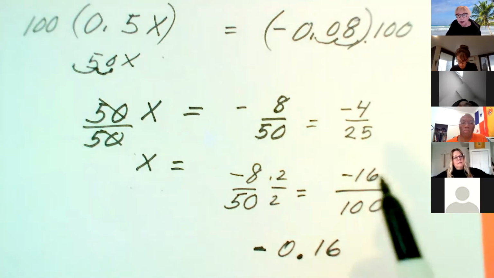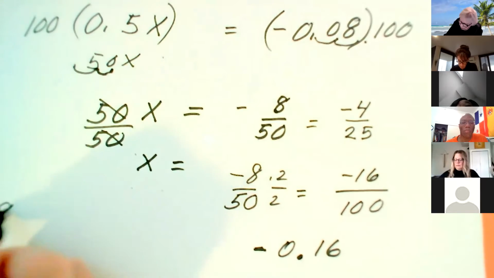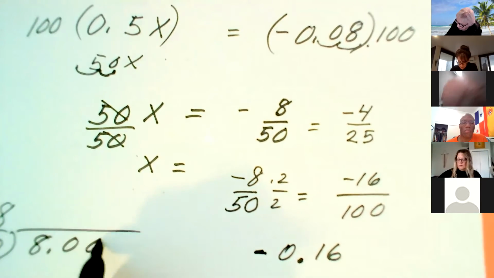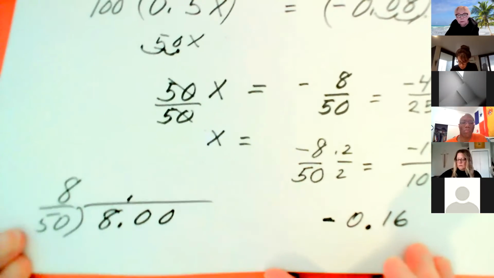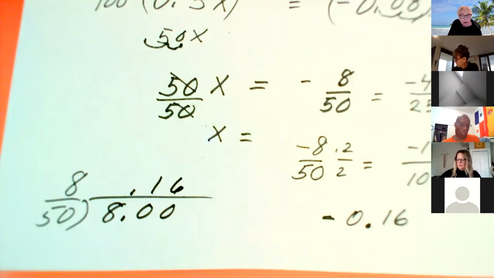On the other hand, we could have taken 8 over 50 and divided it out. And it would have come out 0.16, just like before, and there's still a negative involved. So I just wanted to suggest a couple of options here.